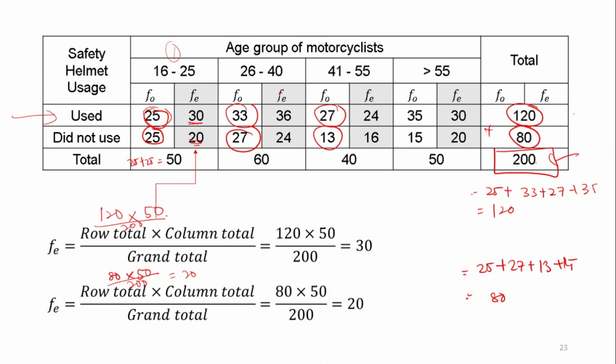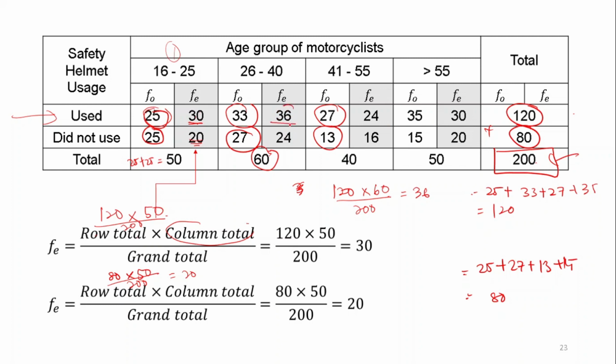If you total up this one, you also get 50. Then for the second column, the total column is 60. To get the first row and second column, the total value for the first row is 120 times total column 60 divided by grand total, so you get 36.